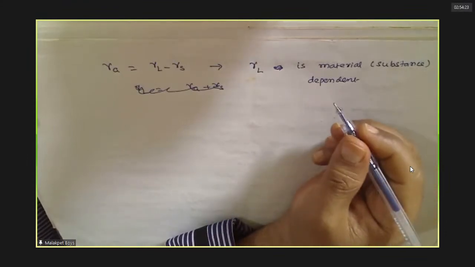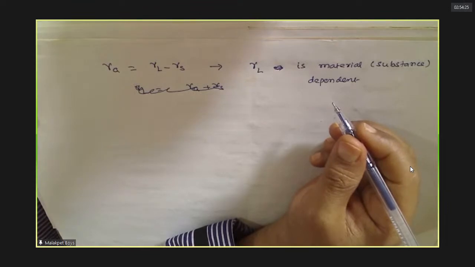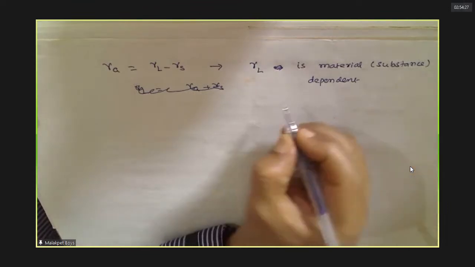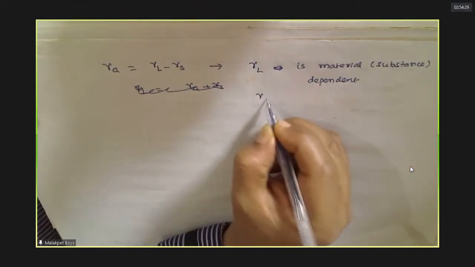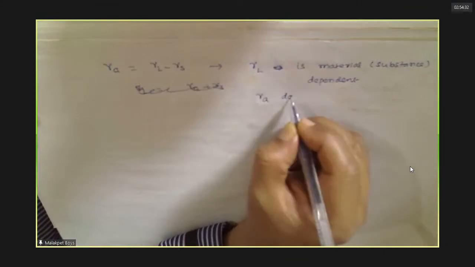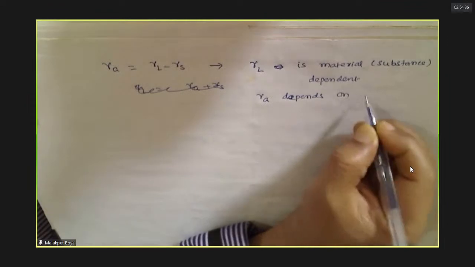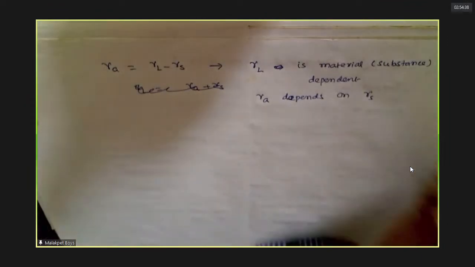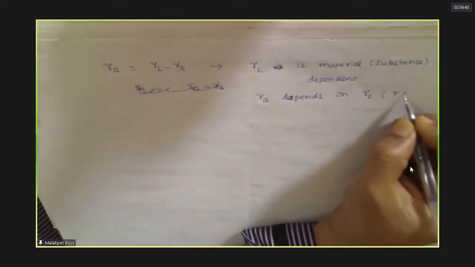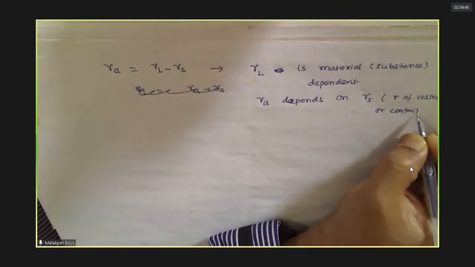Because water has some gamma, alcohol has some gamma, like that. Whereas gamma apparent, do you agree with that? S means solid. Agreed, sir.